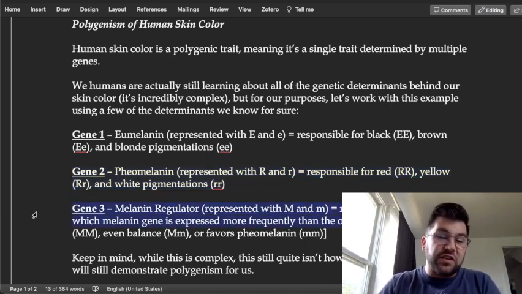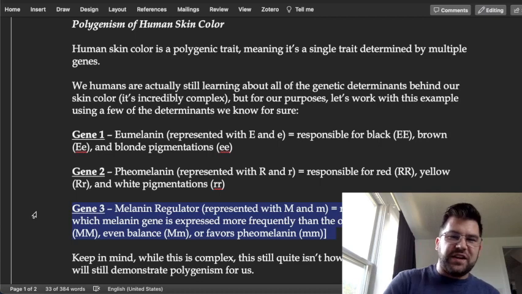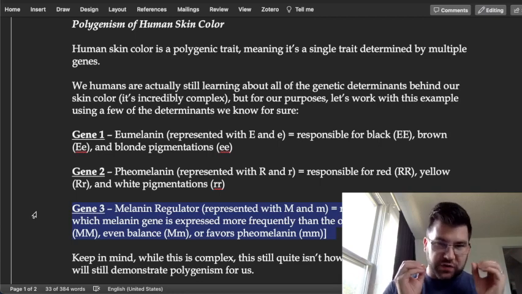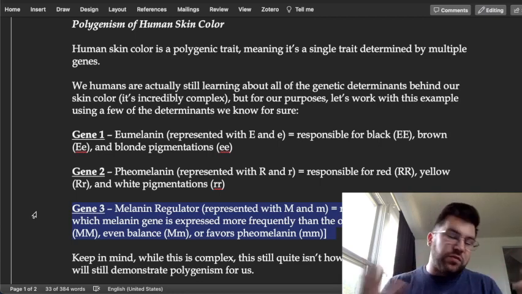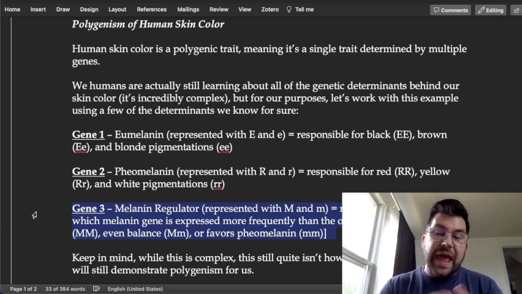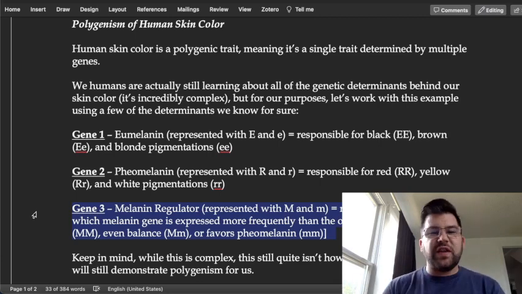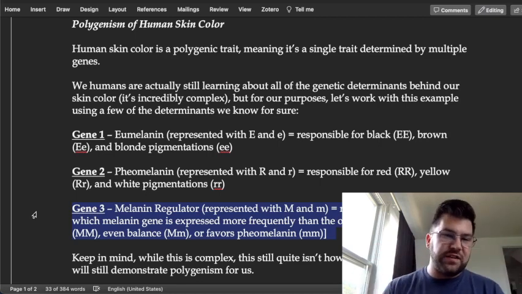And finally, the third gene, and this is where it really gets complex, is a gene that regulates the other genes. It's a regulator gene. There are a lot of these, but just to sum up a few, there's the melanin regulator, which I'm representing with an M, uppercase and lowercase. Based on the alleles you get from this one, it will determine which melanin is favored, which one is pronounced, which one becomes more visual and apparent.